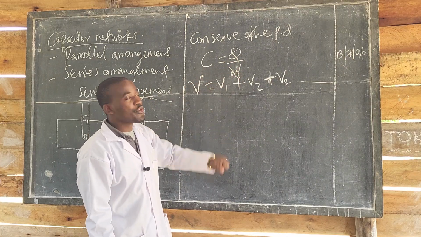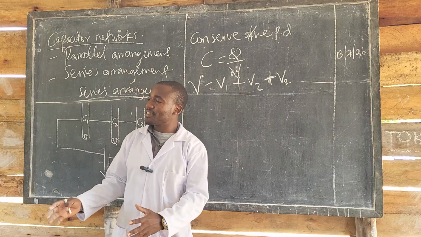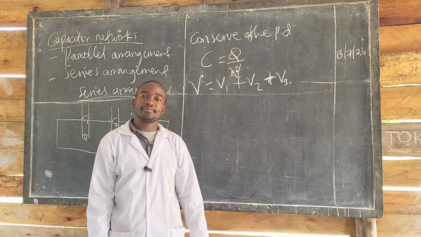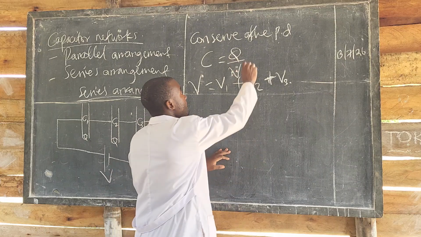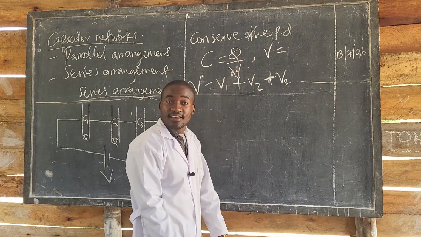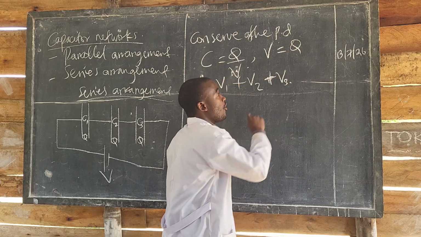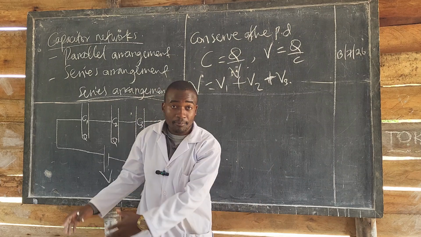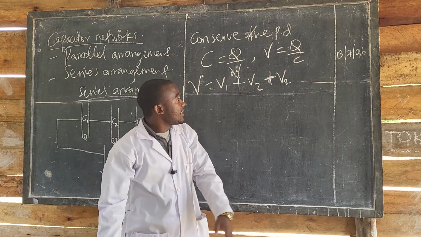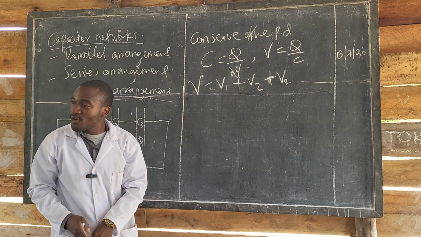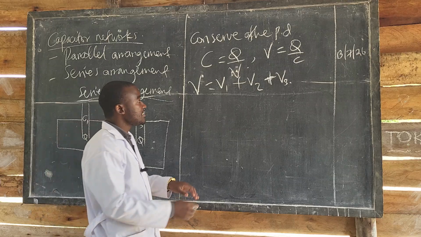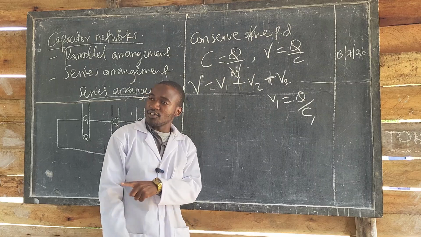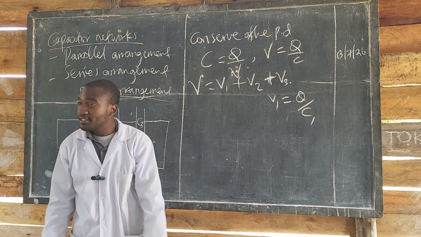what will V be if you make V the subject of the formula? It will be V equals Q over C. This is the total PD that was supplied by the cell. Then each capacitor has its own PD: V1 equals Q over C1, V2 equals Q over C2, and V3 equals Q over C3, because the charge is the same on each capacitor.